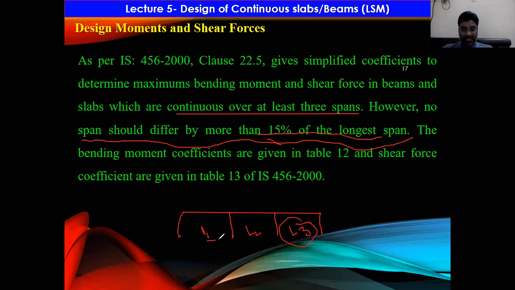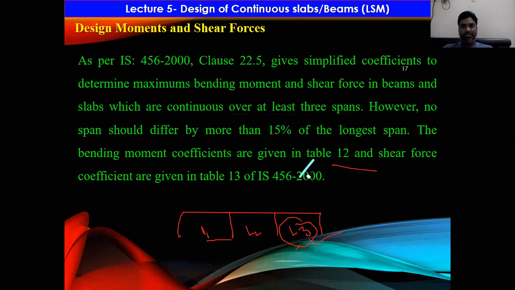The difference between any two spans should not be greater than 15% of the length of the span L3, right? In that case only these table values are applicable. If it is greater, then this method is not applicable, right? That is what is given in IS 456-2000, right?